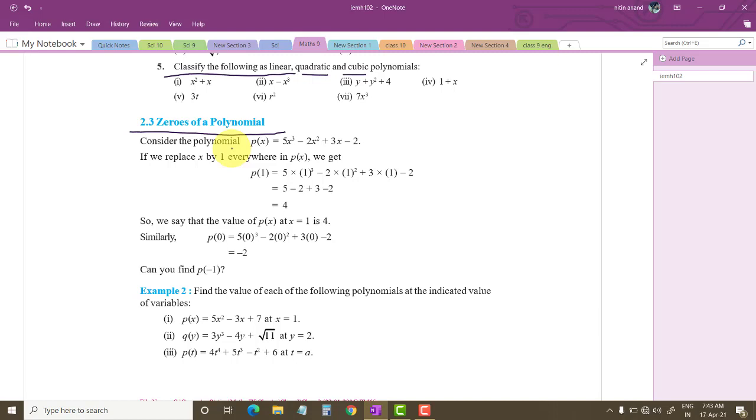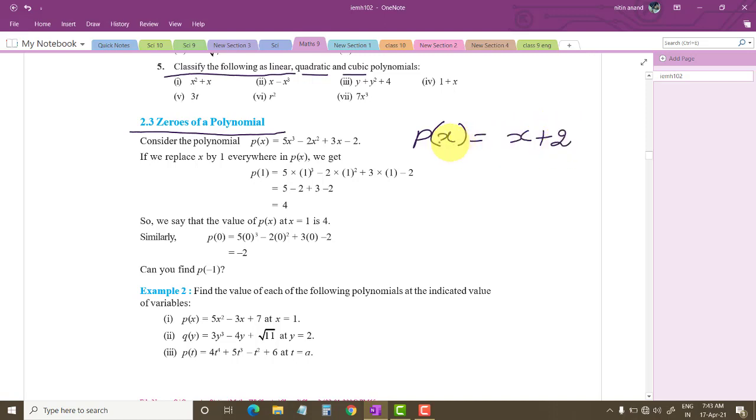Now see, the concept of zeros of polynomial is that suppose we have any polynomial, suppose this is our polynomial p(x), and suppose p(x) is x plus 2.